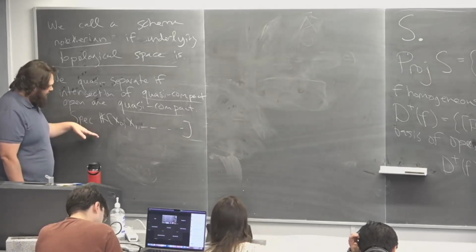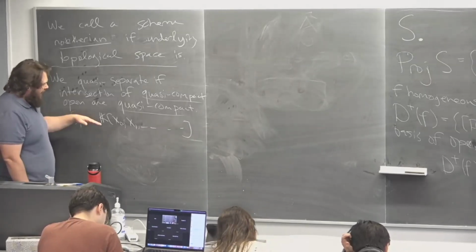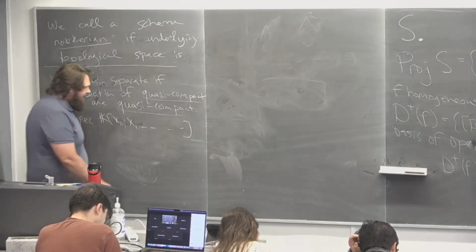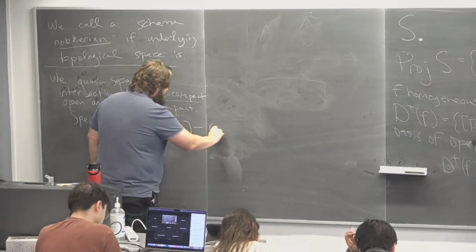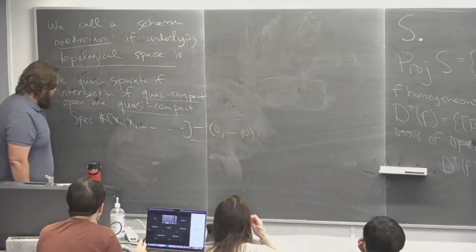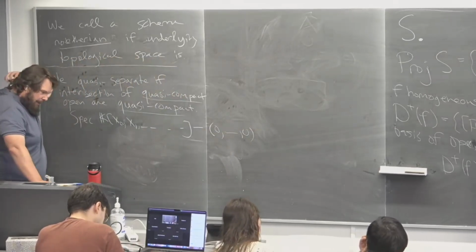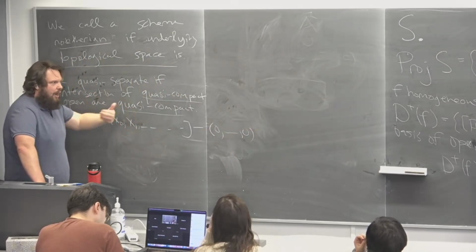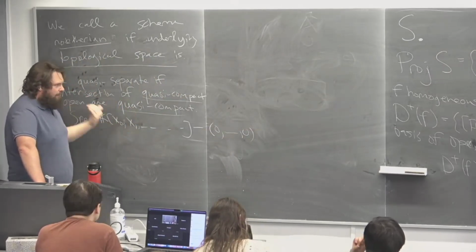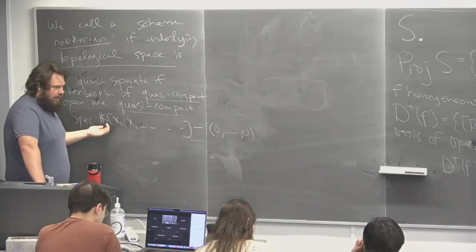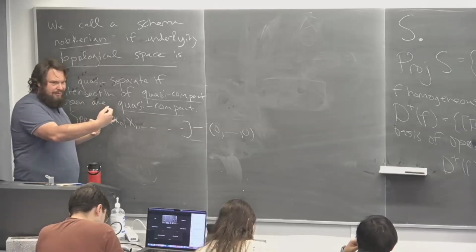A standard example of a scheme which is not quasi-compact is to take this guy and remove the origin. In a finite dimensional affine space, you can remove the origin and cover what's left by finitely many affine open sets, which come from inverting the coordinates.